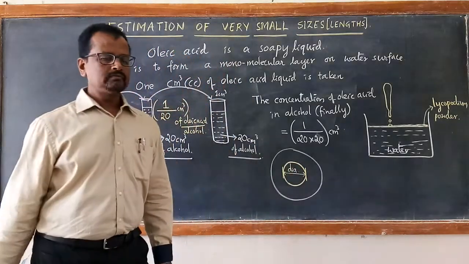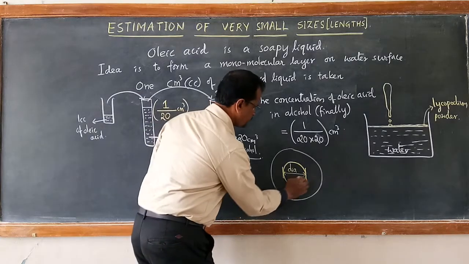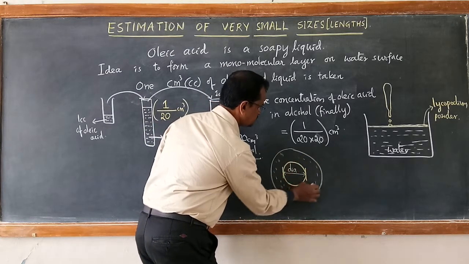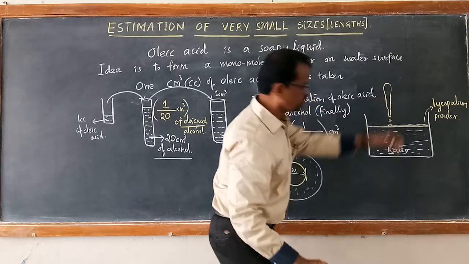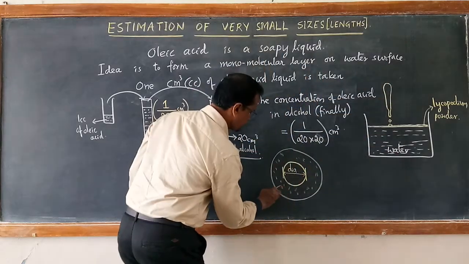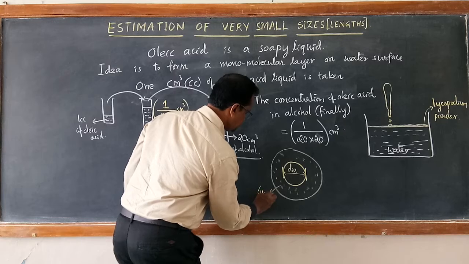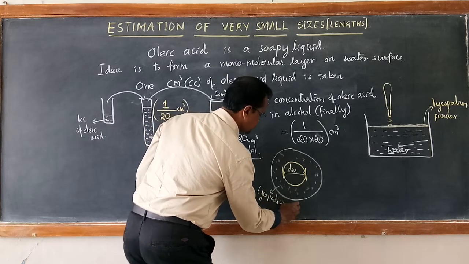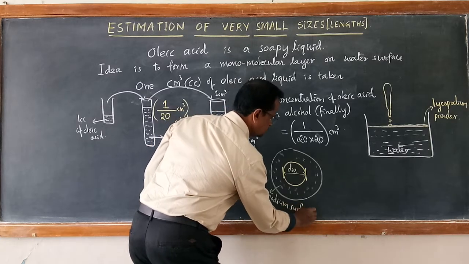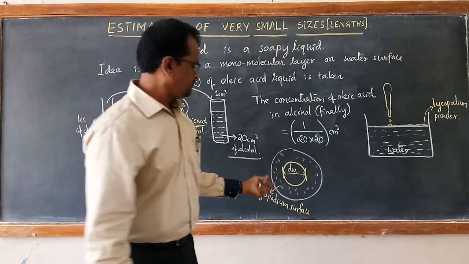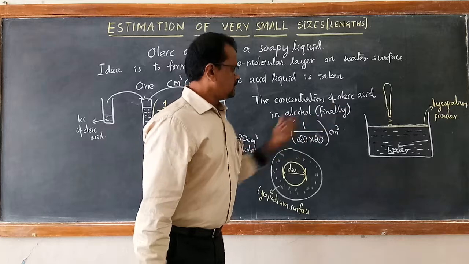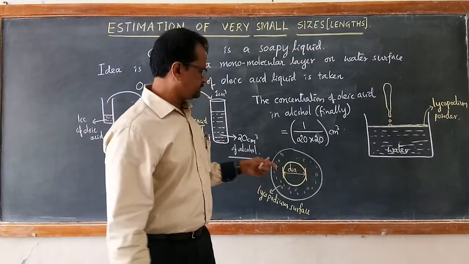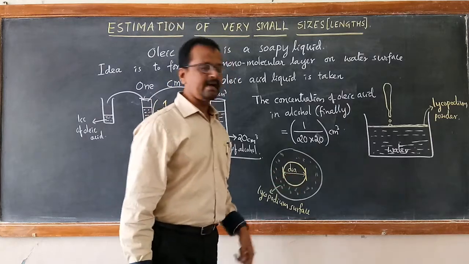The diameter, I am just showing from the top view. This is the top view. This is lycopodium surface on the water, and this is the solution that you have prepared, of which you have taken, let us say, one drop, and you have to measure the diameter.